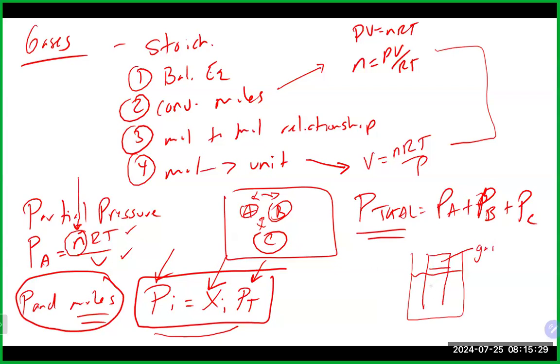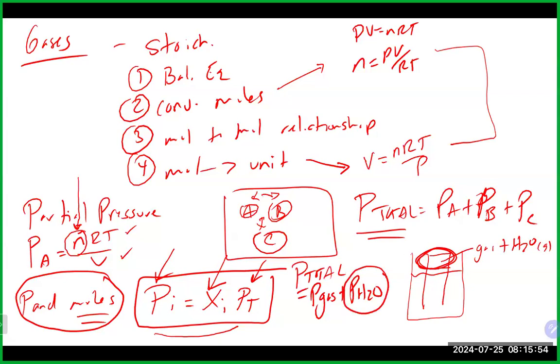Because the gas is displacing the water and the reaction is occurring within water, you will get the gas you're interested in in the empty space in your collection container, but you'll also get water vapor with it, and that's the vapor pressure of water. So in that situation, the total pressure will equal the pressure of the gas you're interested in plus the vapor pressure of water. This is a value that you can look up on a table based on temperature.